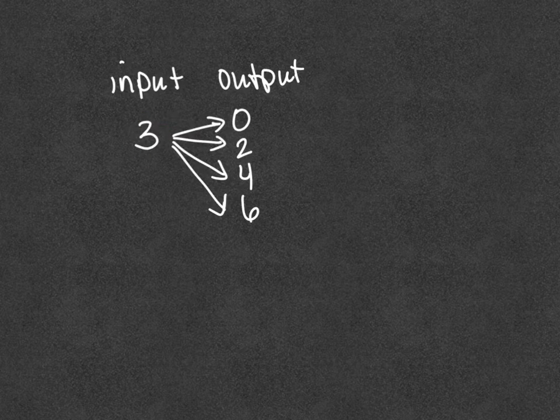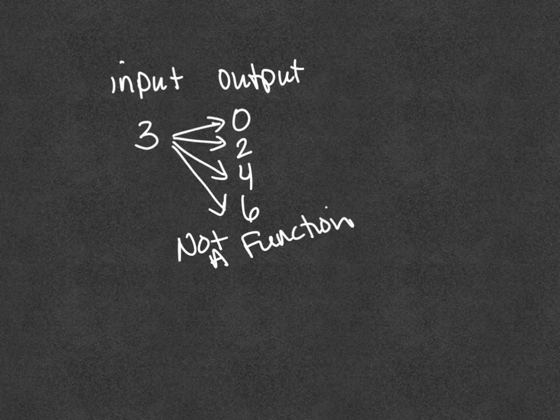Plug 3 in, what'd you get? Oh, I got 0. Okay, do the same exact rule again, plug 3 in again, what'd you get? Oh, I got 2. No, it doesn't happen, right? If it's the same exact rule, the same exact calculation, and you're plugging in 3 every single time, you are going to end up with one output, the same output over and over and over again. So this would not be a function.